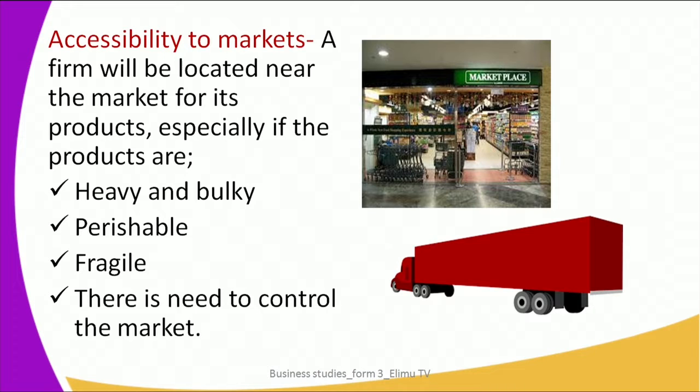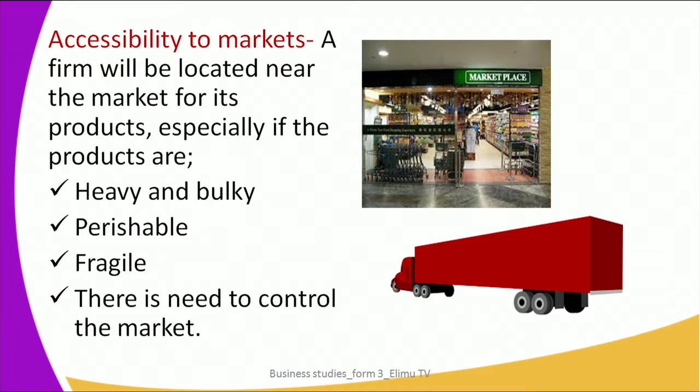Remember, if the products are heavy and bulky, the cost of transporting them is very high. Therefore, that would make the price of the goods also high. And therefore, if the products are heavy and bulky, it's advisable for the farm to be located near the market.